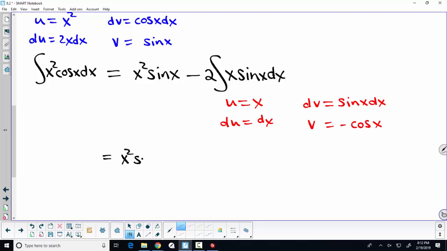We have our x squared sine x minus 2 times all of this stuff, v minus x cosine x minus the integral of v du.